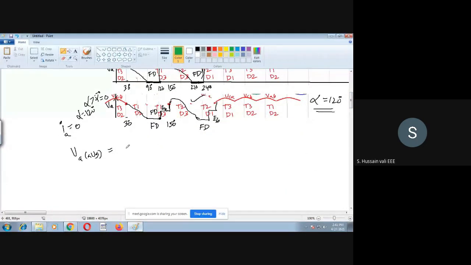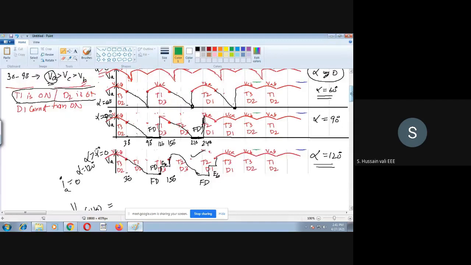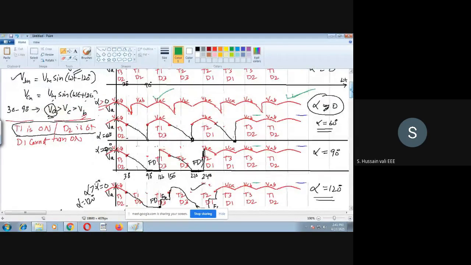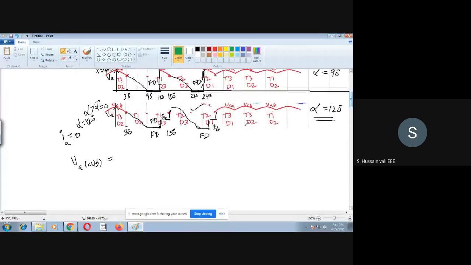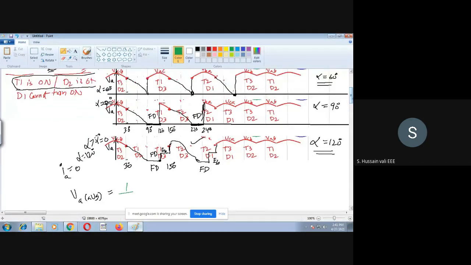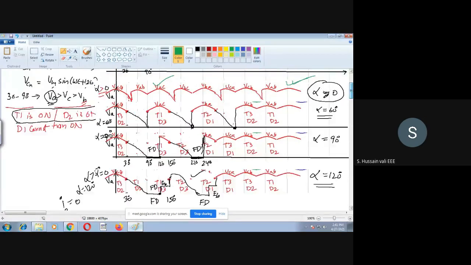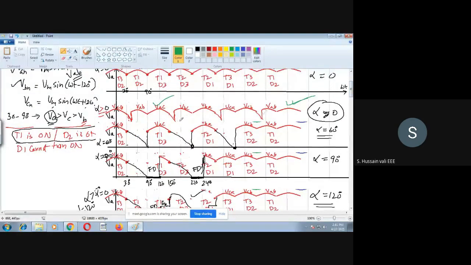The time period is 60 degrees, no, sorry, it is not 60, it is 120 degrees. I'm sorry for that. Just check this yourself. The time period here is 120. So 120 time period you will find.